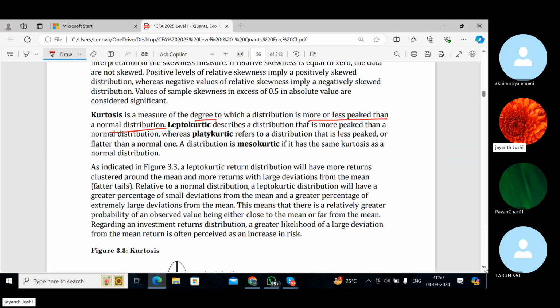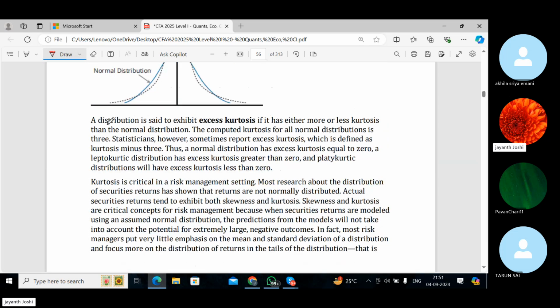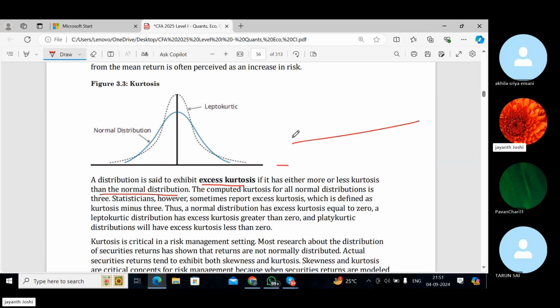And we have to learn the concept of excess kurtosis also. What is excess kurtosis? A distribution is said to exhibit excess kurtosis if it has either more or less kurtosis than the normal distribution. See, if I take the normal distribution here, your standard normal distribution has a mean of 0, then 1 standard deviation, 2 standard deviation, 3 standard deviation.